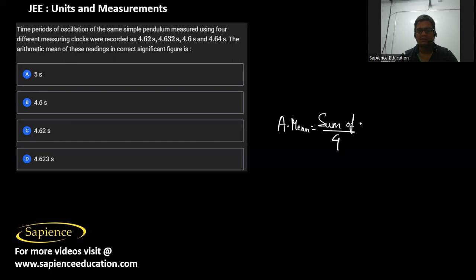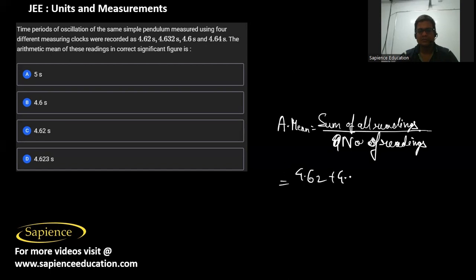The rule is the sum of all the readings divided by the number of readings. So here the number of readings is 4 and the sum will be 4.62 plus 4.632 plus 4.6 plus 4.64, divided by 4.